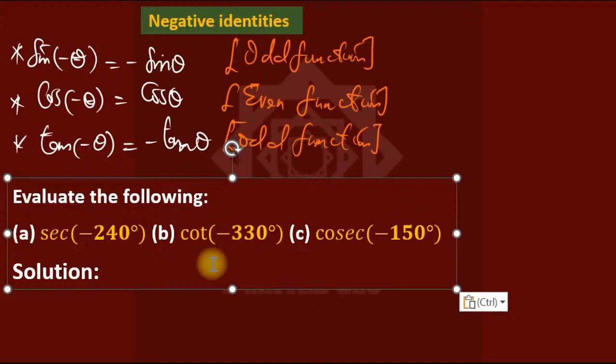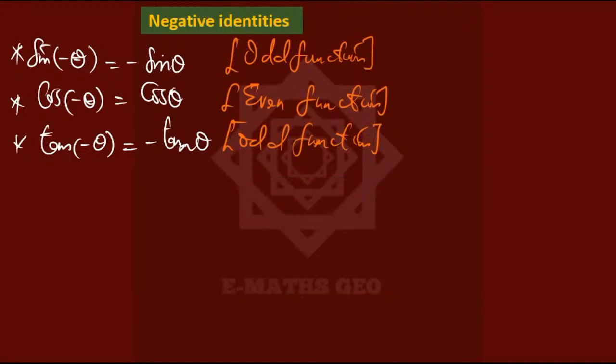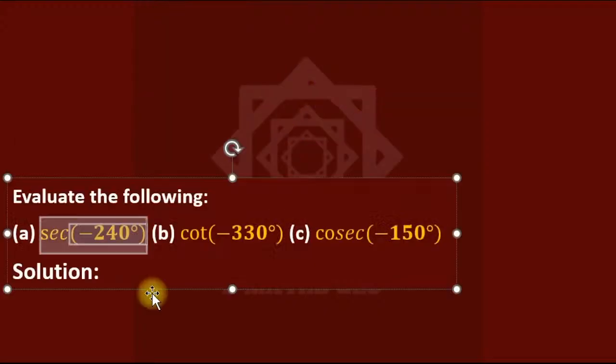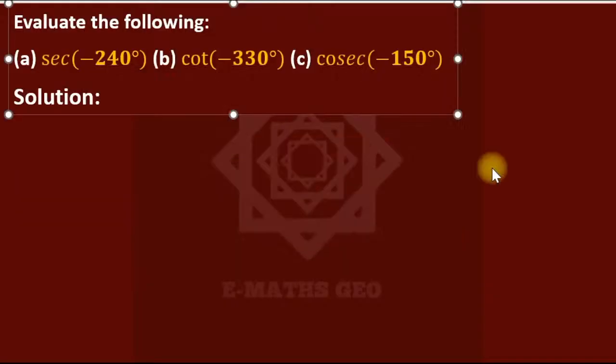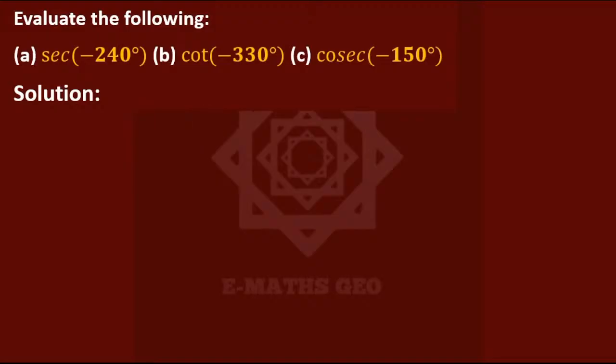But let's look at this question. Evaluate the following. Okay, let's move to another page. Now we're asked to find sec of minus 240. So the first thing, sec is 1 over cos.